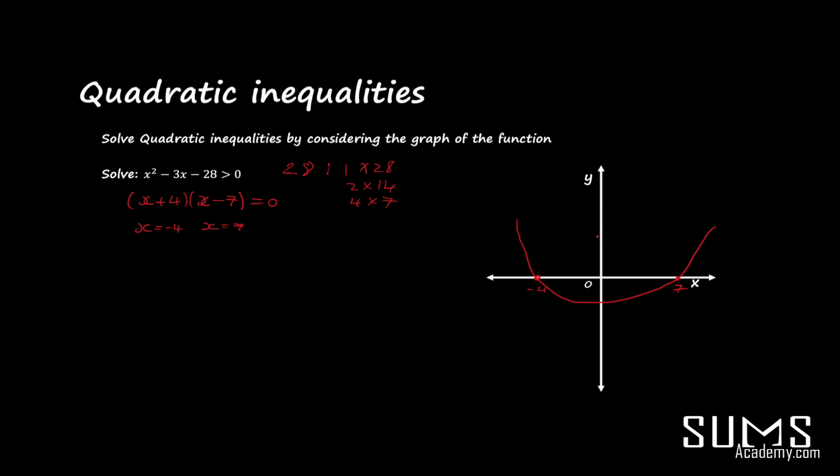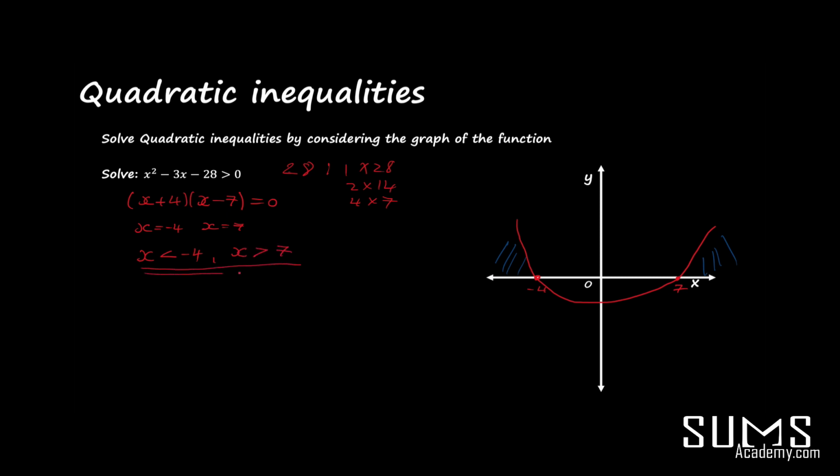It's asking me to solve for when the expression is greater than 0. We can see it's greater than 0 here and greater than 0 here, but in here it's less than 0, so we're not interested in that. So the solution is when x is less than negative 4 and when x is greater than 7.